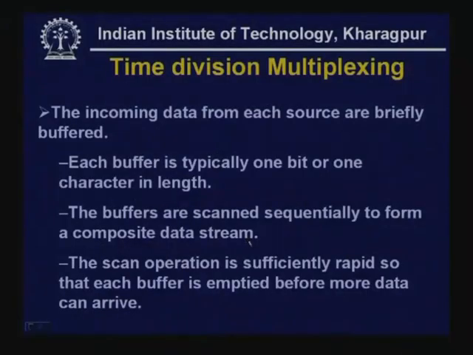Then the buffers are scanned sequentially to form a composite data stream. So, the scanning is done one after the other from the different buffers to form a composite signal. The scan operation is sufficiently rapid, so that each buffer is emptied before more data can arrive.